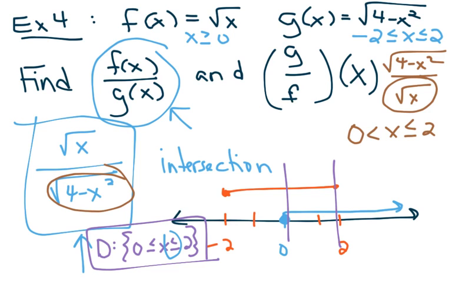Well, 4 minus 2 squared is 4 minus 4, which is 0, and you can't have 0 in the denominator. So I need to use the symbol for open circle instead of closed circle. I apologize for that. Sometimes I mess up, just like you guys do. The point is that I went back and fixed it.